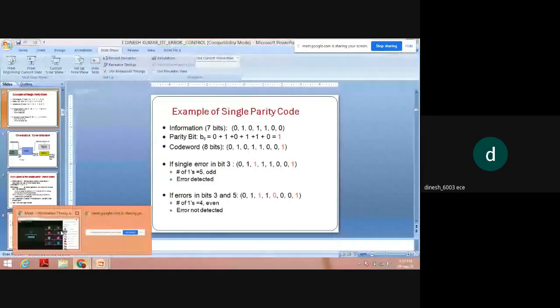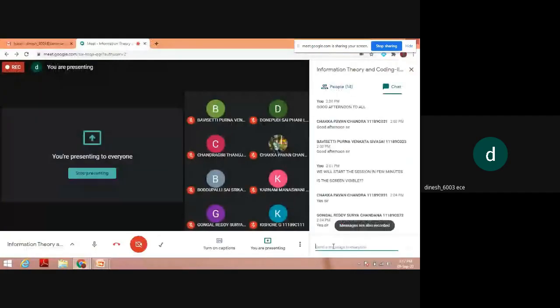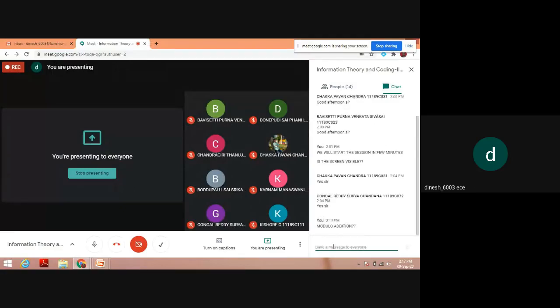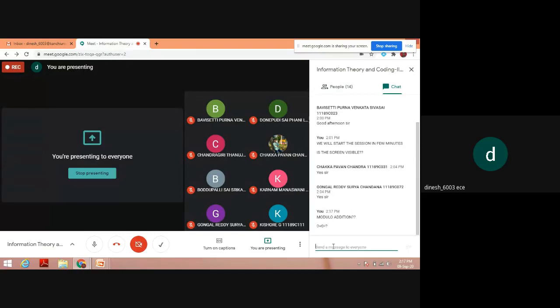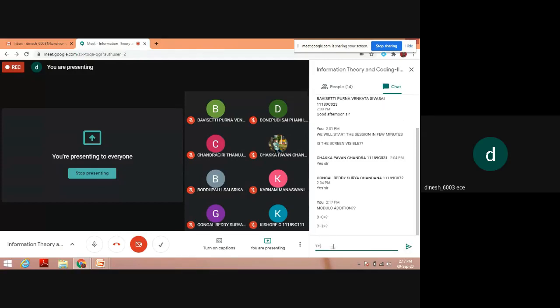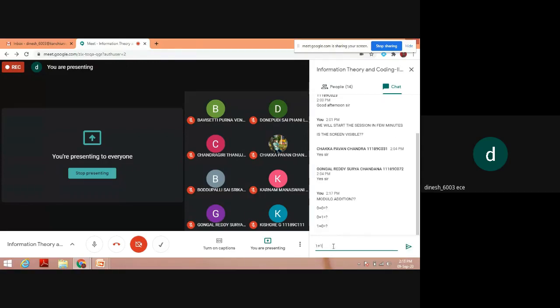Can anyone tell me what is modulo addition? Or let me put it in the chat box. Modulo addition: 0 plus 0 is what? 0 plus 1 is equal to what? 1 plus 0 is what? 1 plus 1 is what?